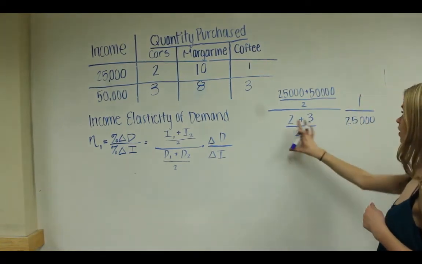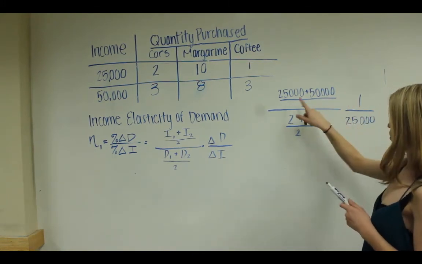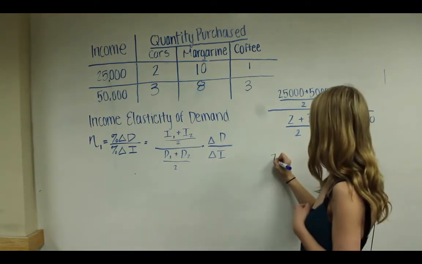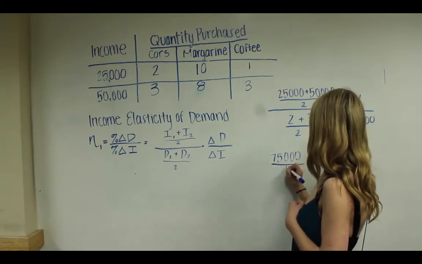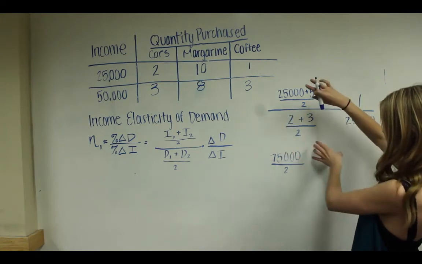Alright, so then if we go ahead and we reduce this problem, we have 25 plus 50,000, so 75,000 over 2. And then remember, when you're dividing a fraction by a fraction, you can flip it.